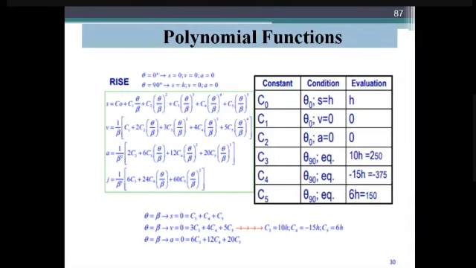At C3 I got the value of 10H, and C5 has a value of 6H, because 12H divided by 2 obviously gives 6H. And at last C4 is minus 15H, because we move the other terms to the right and equalize. We get minus 15H.